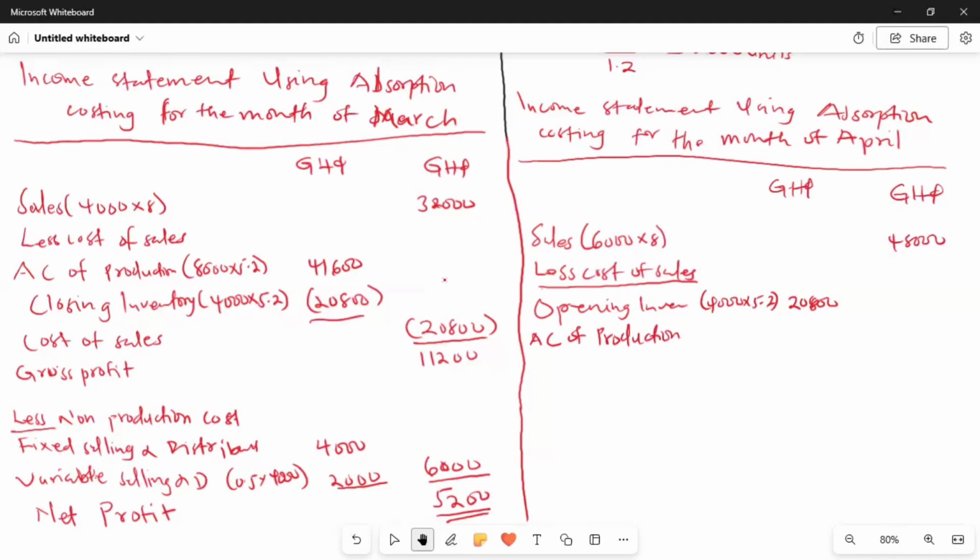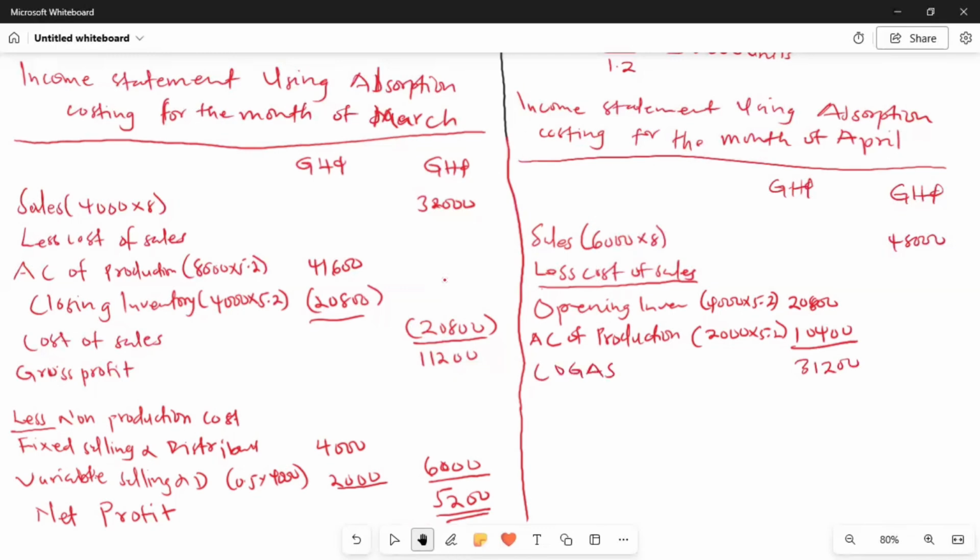In the month of April, we produced only 2,000 units, which will give us 10,400. When we add these two, we are going to have 31,200. That would be the cost of goods available.